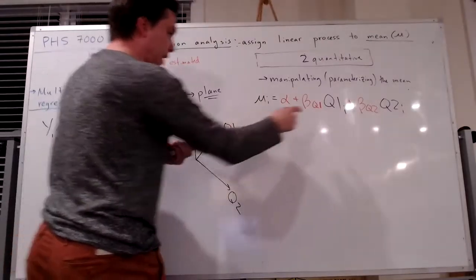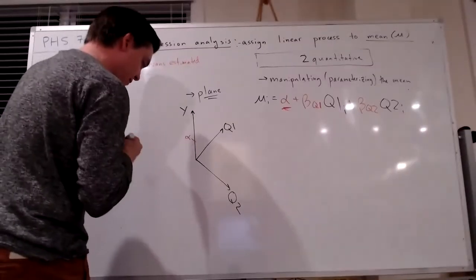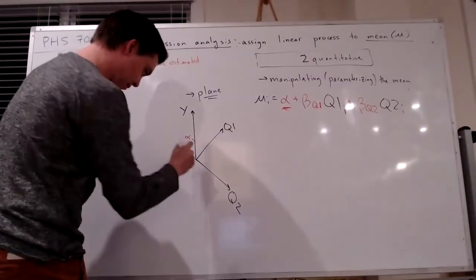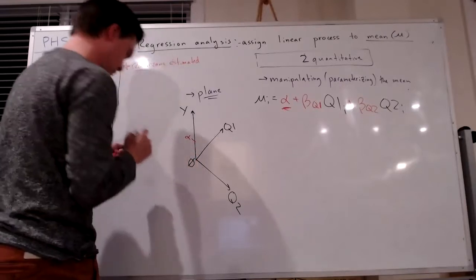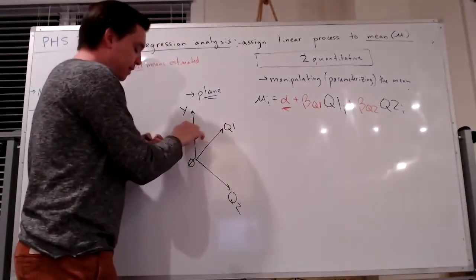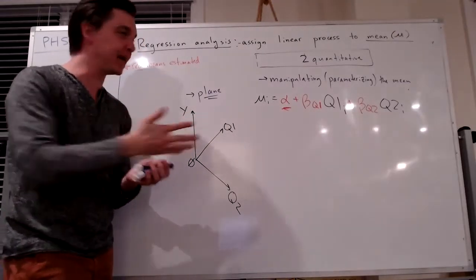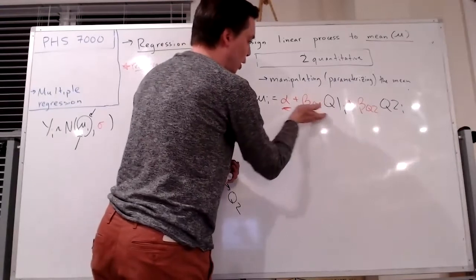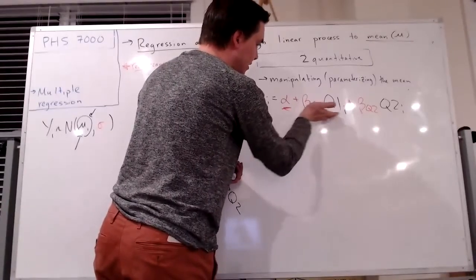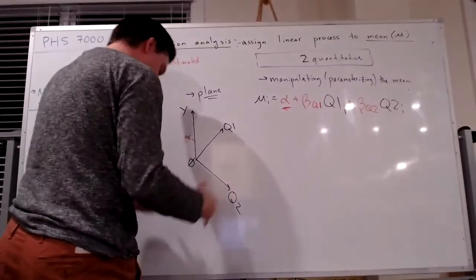That is where both of our quantitative variables are equal to 0, together, jointly. And now, from this point on, the tilt of that plane is going to depend on our slope with respect to the first quantitative variable and our slope with respect to the second quantitative variable.